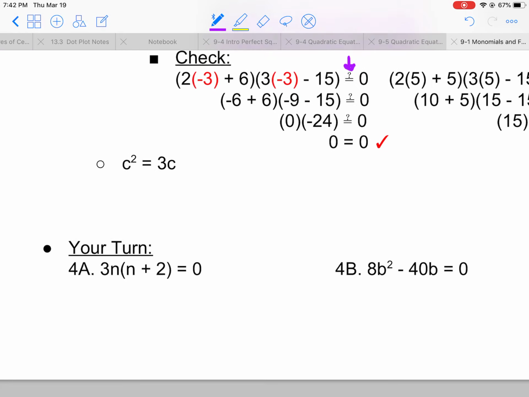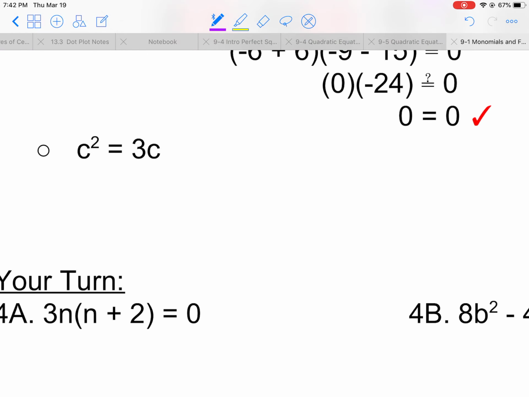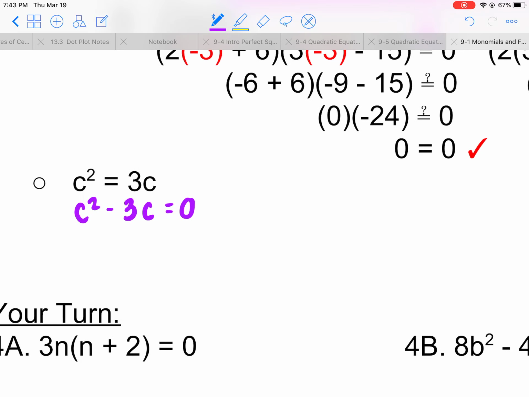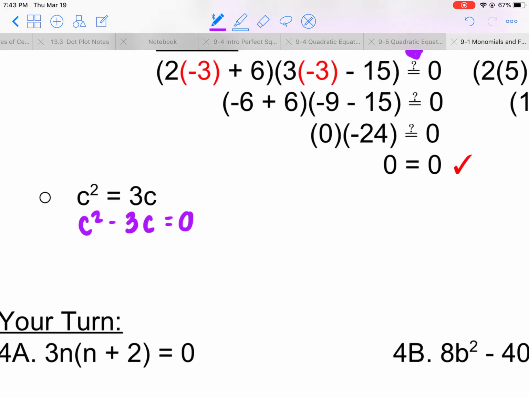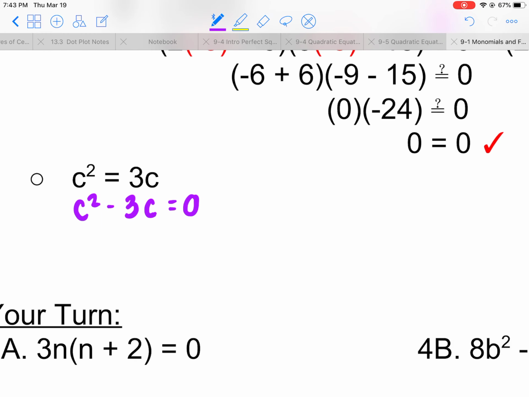And then I've got c squared is equal to 3c. First step is to make it equal to 0. And so now I am going to think about what c squared minus 3c should look like.